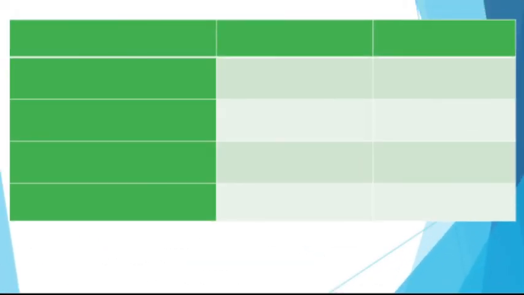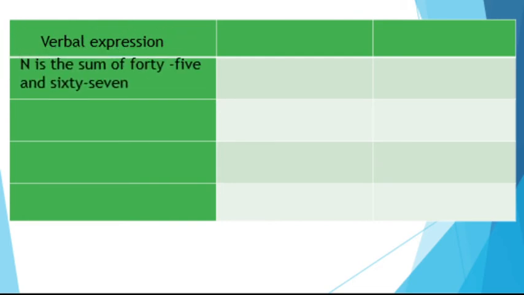Okay, so next, you have a verbal expression. Let's say this is the verbal expression: n is the sum of 45 and 67. How will you write that into an algebraic equation or expression? So this is already an equation.